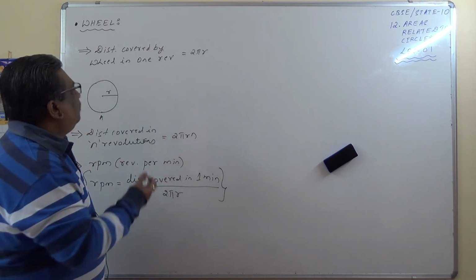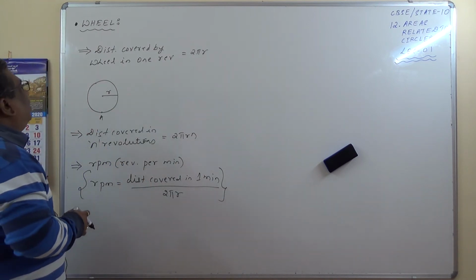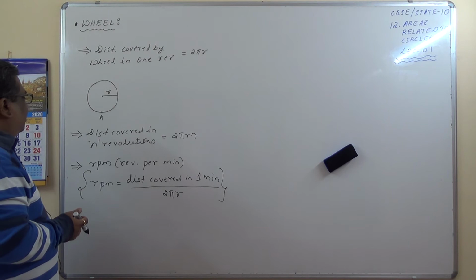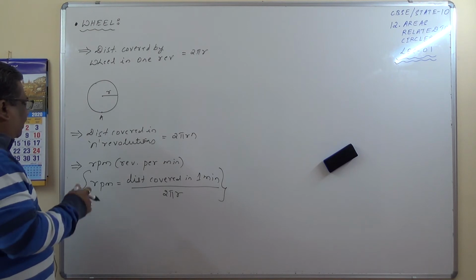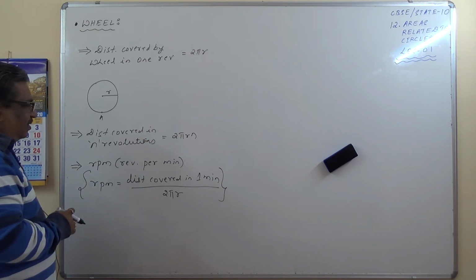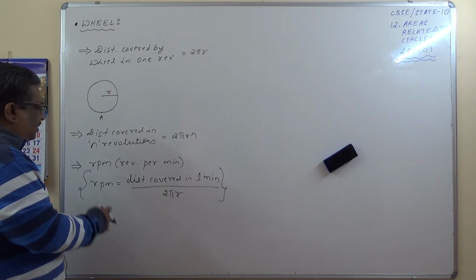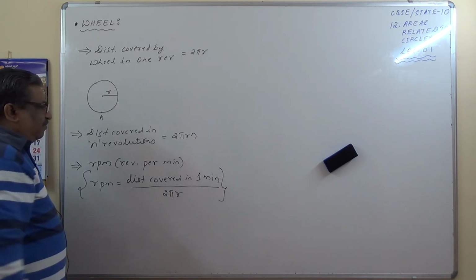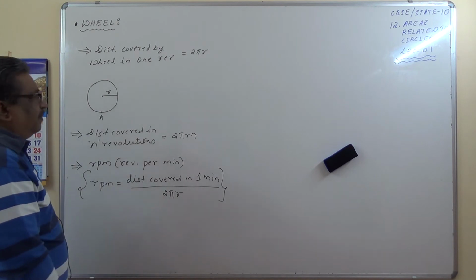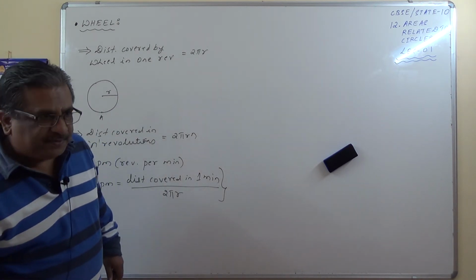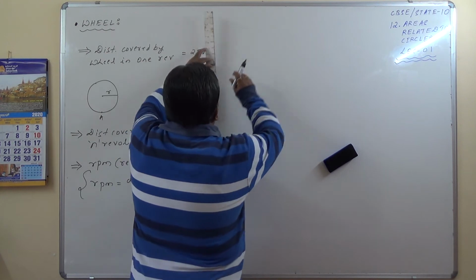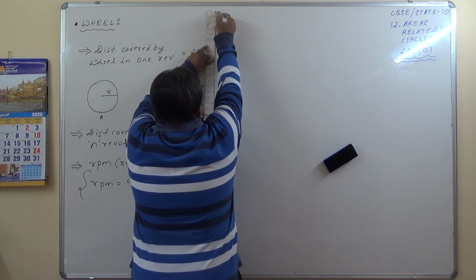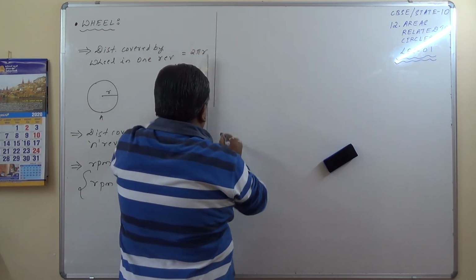So with respect to the wheel: the distance covered in 1 revolution, the distance covered in n revolutions of radius r, and the RPM, which is equal to the distance covered in 1 minute divided by 2 pi r. This is one important formula which you have to remember. Fine. Next, another couple of things are there. Only after that are we ready to solve the numericals.